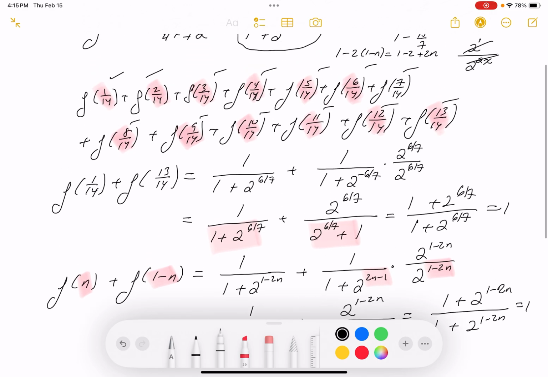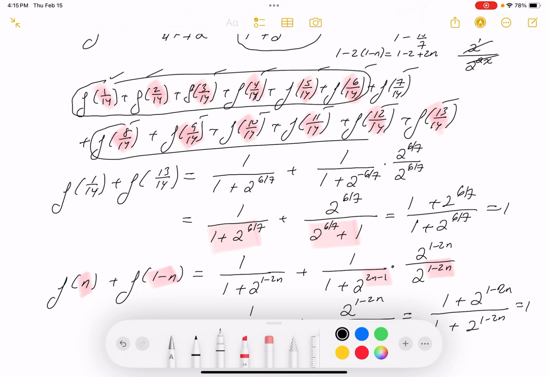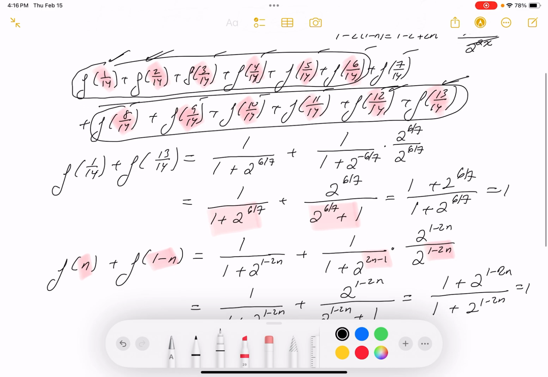So I want to just go up here and say, how many of those pairs do I have? Now remember, we paired these with these, and I got 6 pairs, by the way. And every one of those pairs, when I match this one to this one to that one, and so forth, they're all going to produce a 1.